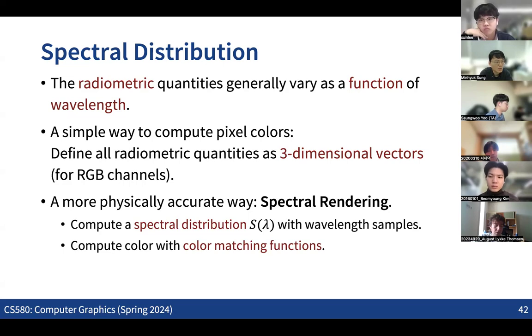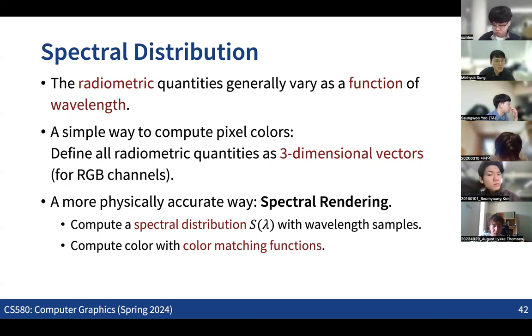Then we determine the final color with the color matching function that we are going to discuss in the next slide. So with spectral rendering, we are not just having the RGB 3 channels to define those quantities, but we literally sample the wavelengths and define all the quantities for each sample. The final color is determined based on the distribution of those quantities over the wavelengths. This distribution of the radiant energy over the wavelengths is called the spectral distribution.